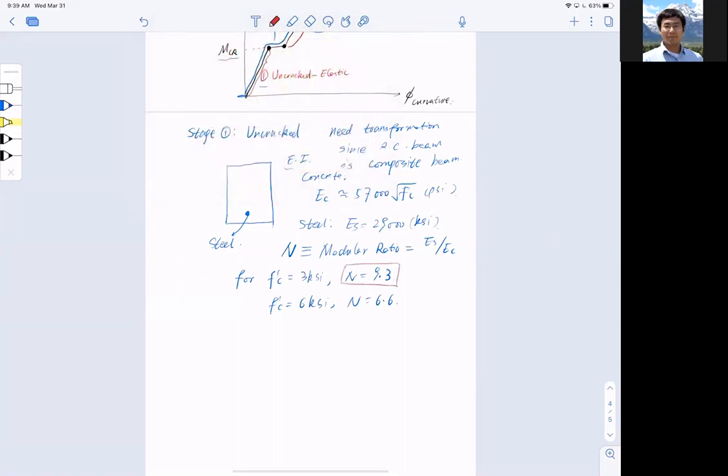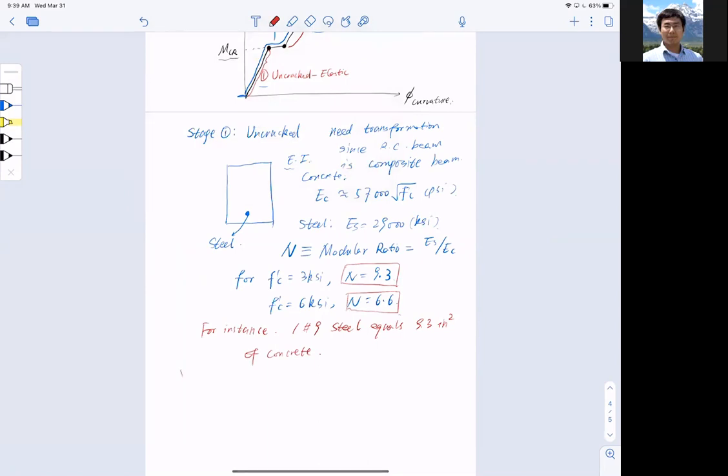What does it mean? It means that if I have one number 9 bar of steel, that equals, in this case, 9.3 square inches of concrete. And that is quite significant.